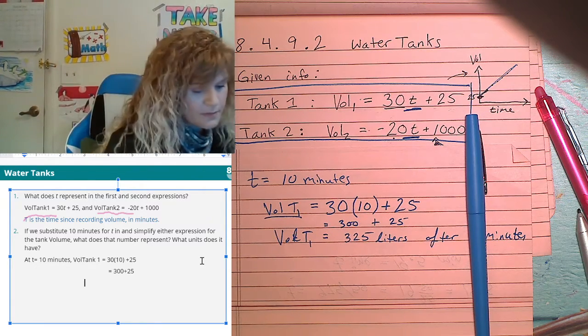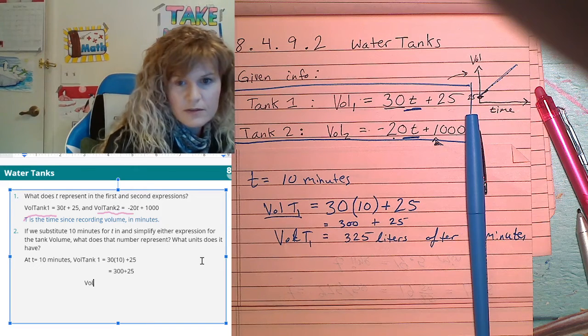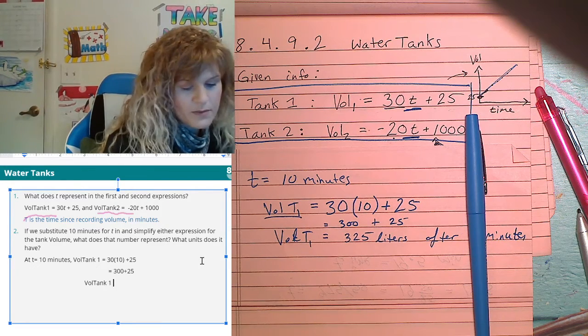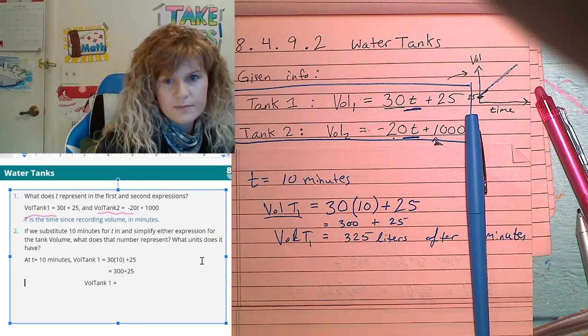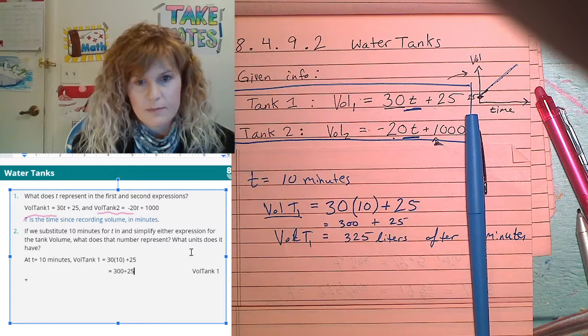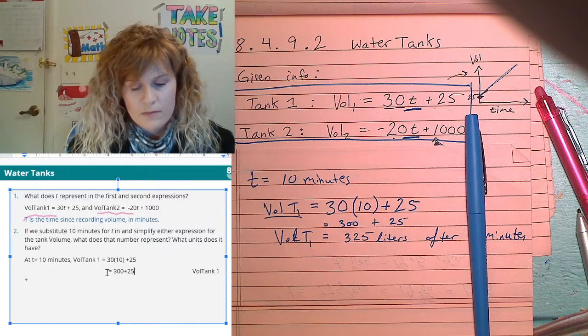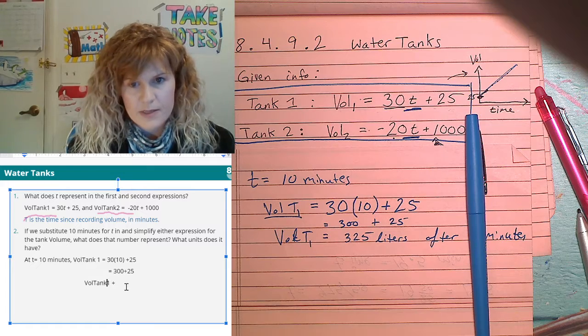So when I solve that a little more, volume of tank 1 equals, oops, I need a little more practice doing this on a computer. There we go. Volume, I wanted to delete that space right there. There we go.